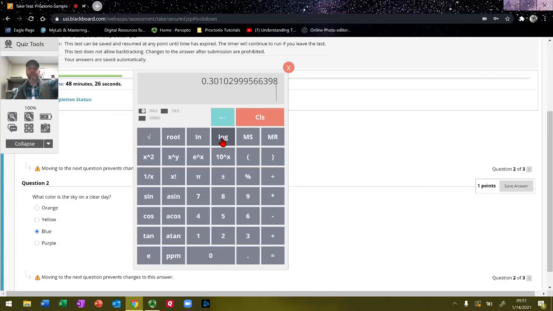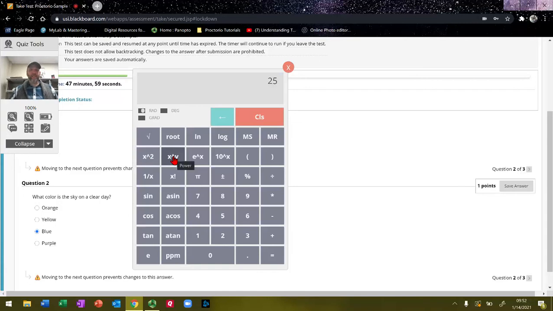That's the log, at least of base 10, of the number 2. Same thing with natural log: 2, and then natural log. Powers, let's say we want 5 squared, so we go 5 and then squared, 25.